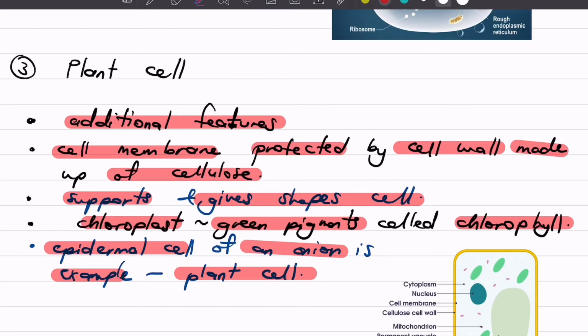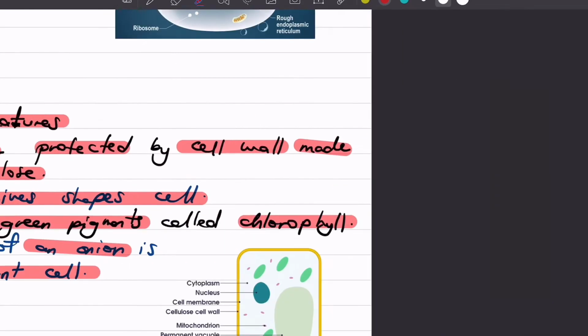So this is all for the animal cell and plant cell. So next I'm going to explain to you all the structures and their respective functions.